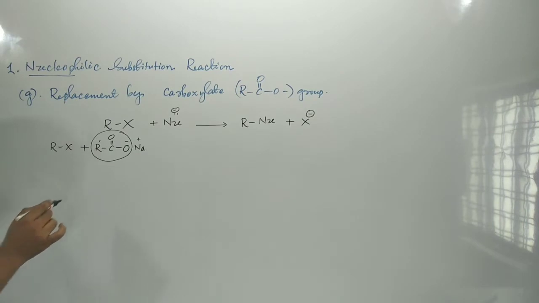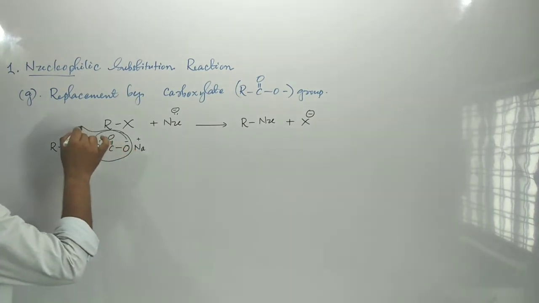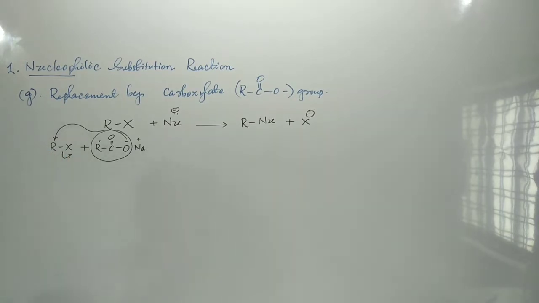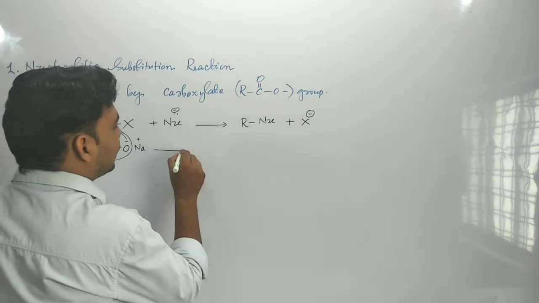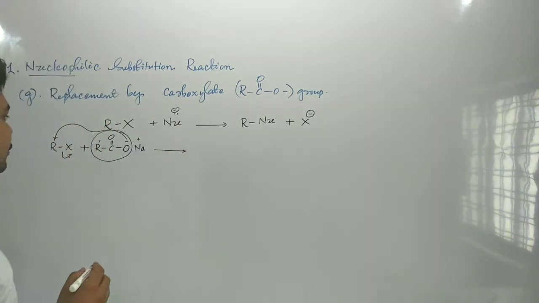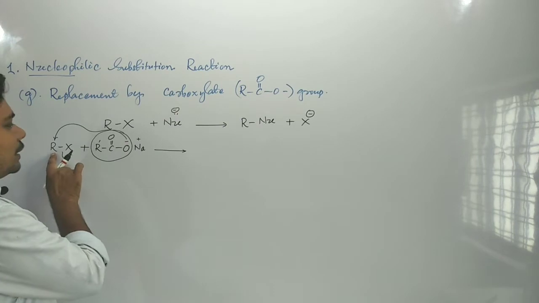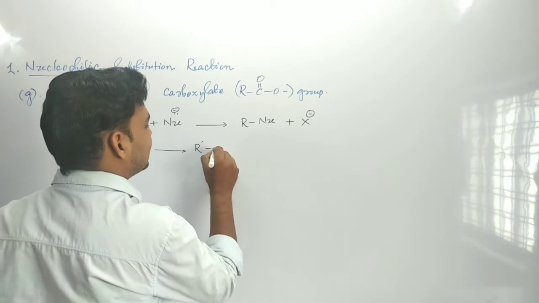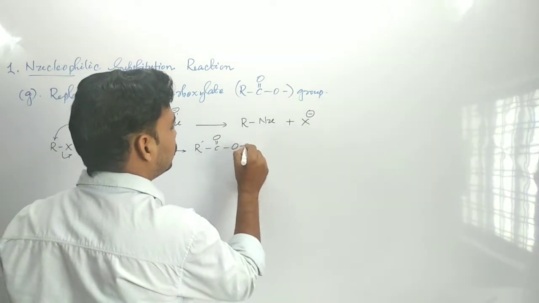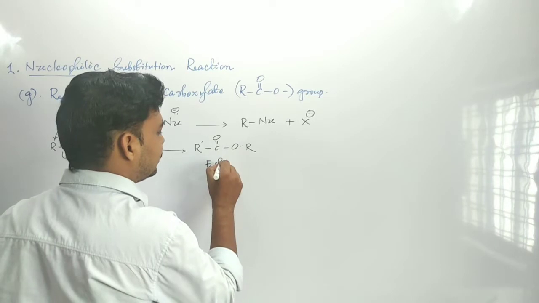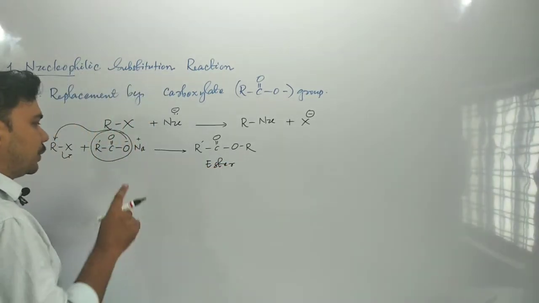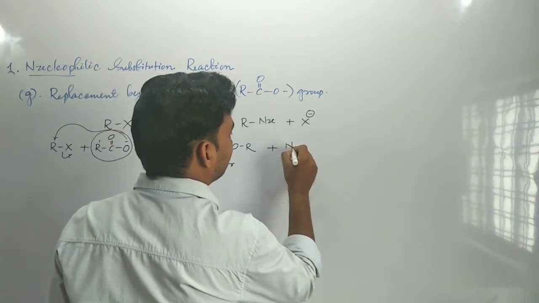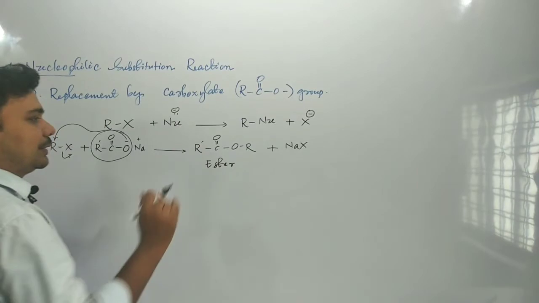This nucleophile will attack the carbon containing the halogen such that X minus will leave, and as a result of the reaction, since this R dash is attached to oxygen, we will get R dash C double bond O OR. This is our ester, the nucleophilic substituted product, and this Na plus will combine with the leaving group halide ion, and we will get NaX.